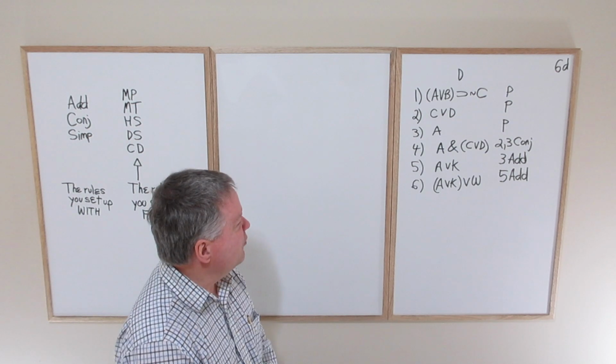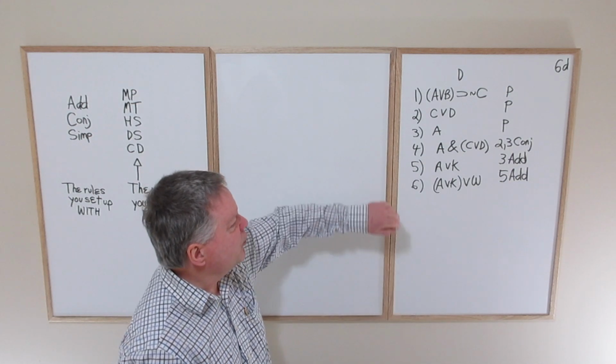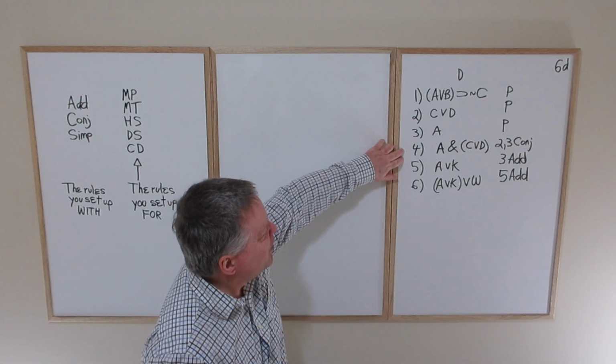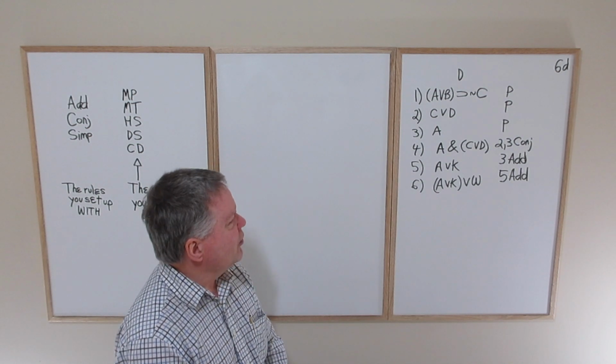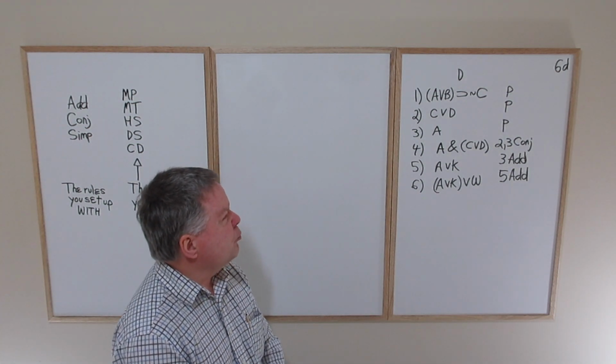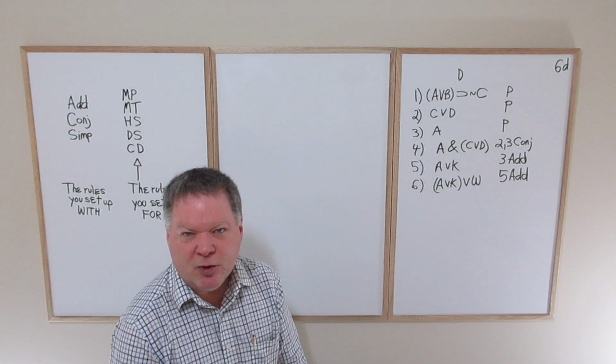I've satisfied the requirements for employing the rules, but the problem is these 3 steps don't get me any closer to demonstrating that if the 3 premises are true, then the conclusion must be true as well.